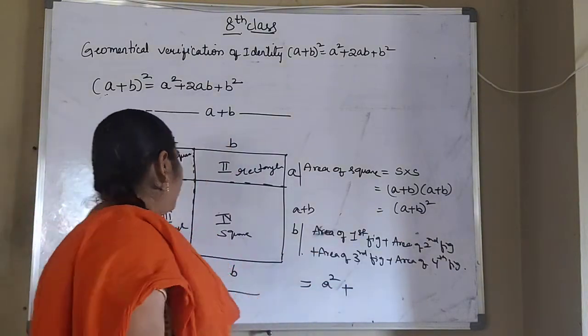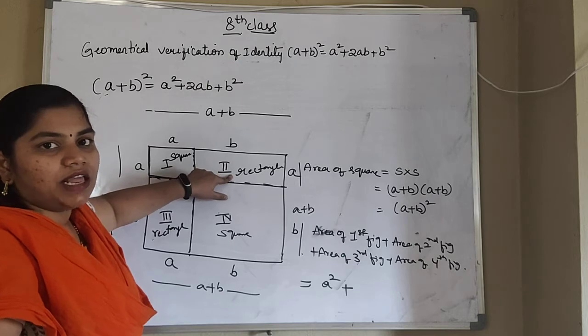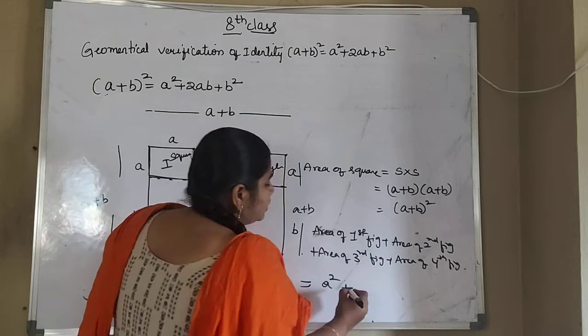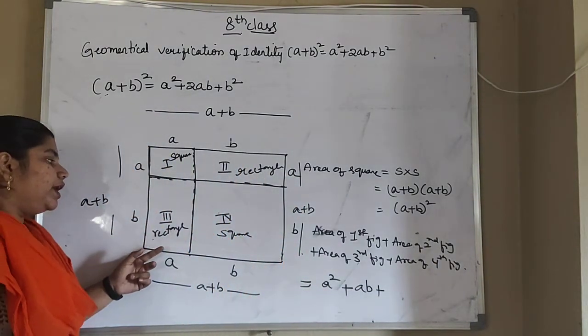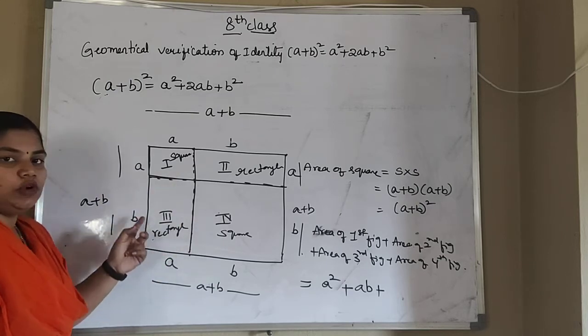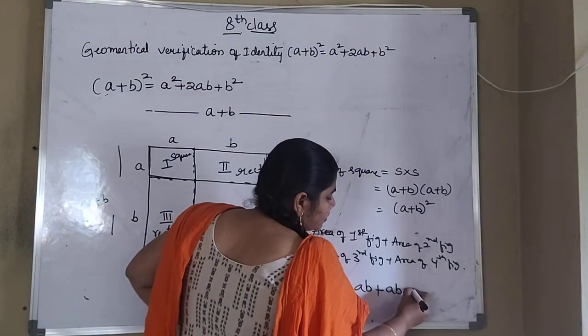What is the area of the second figure? That is a rectangle. Area of a rectangle is length into breadth, so a into b is ab. Coming to the third figure, this is also a rectangle, so its area is also a into b, that is ab.